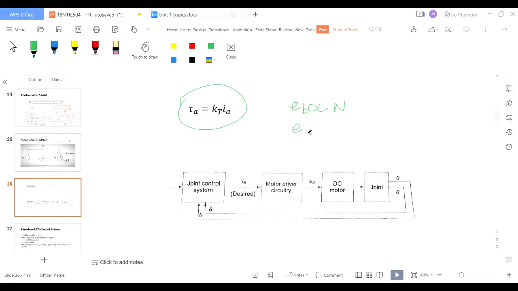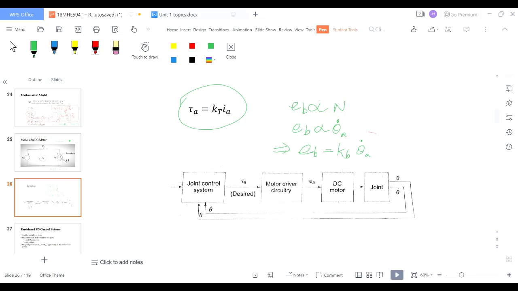Here we have mentioned the back EMF as EB, and speed is theta A dot, and we can also rewrite this equation with a constant, which is EB is equal to KB theta A dot. KB is the back EMF constant.